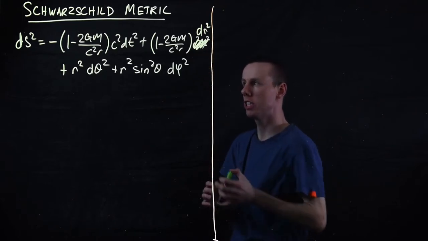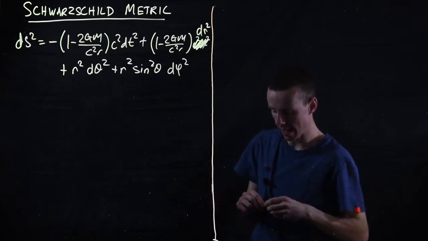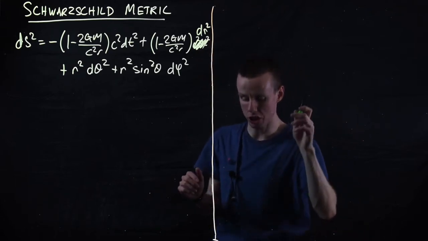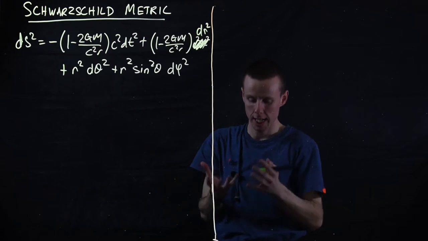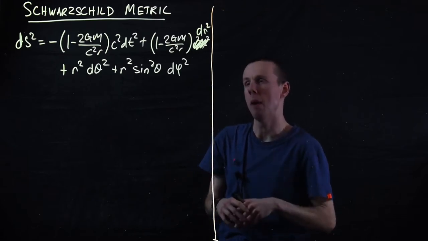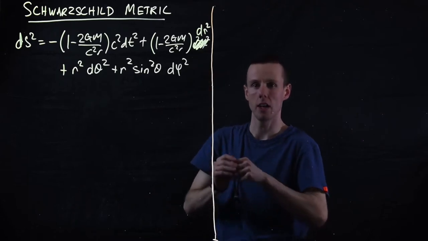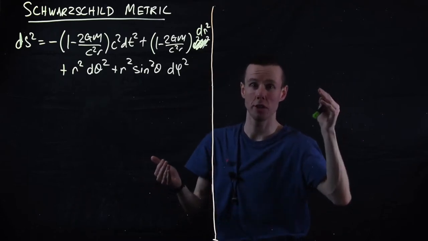What r actually denotes is that if you have a point with this coordinate r, then it sits on the surface of a sphere with surface area 4 pi r squared. But that's not the same as saying that the radius of that sphere is r. Why?